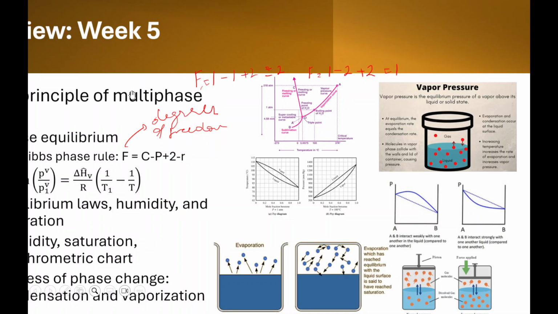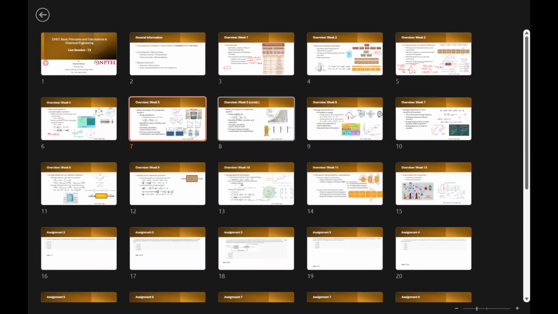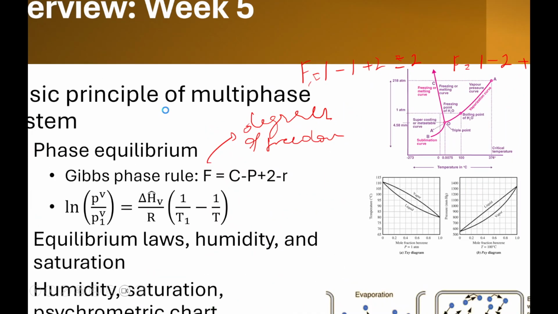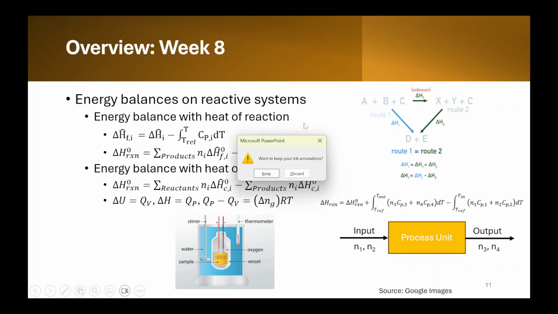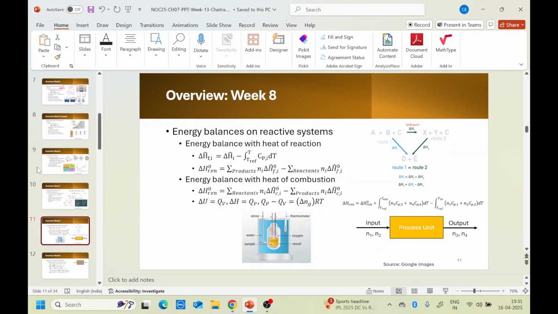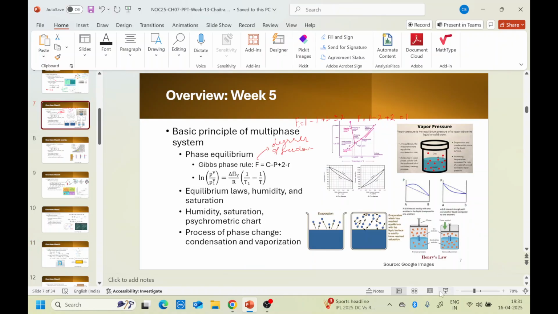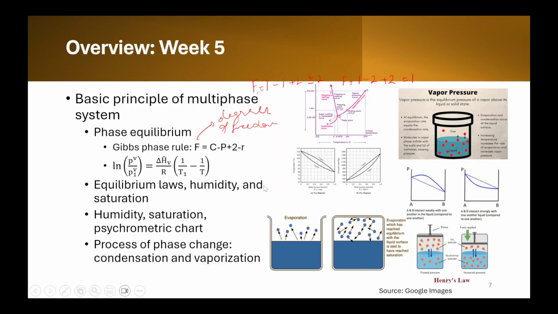So the degree of freedom here will be: component is still one, phases are three, plus two.